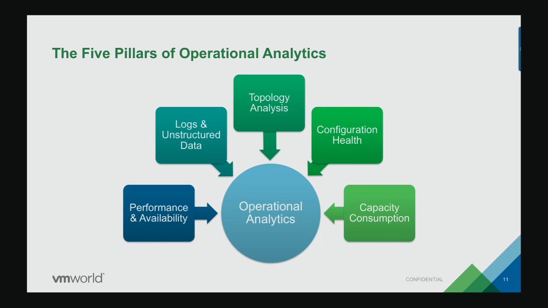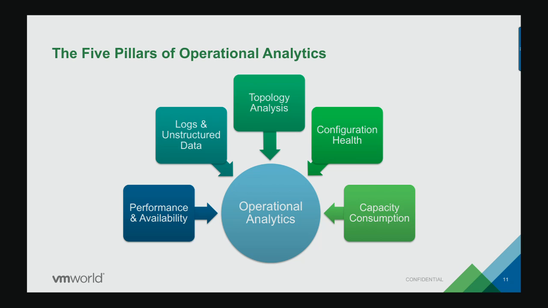Now, from a technology perspective, when you start thinking about operational analytics, there's kind of 5 areas you need to focus on, right? You have to start with the core health and performance of your infrastructure. Then you have to think about how you're using your capacity in the best way possible. Is it the best, most efficient use of your capacity? You have to think about configuration health and making sure that you are compliant with things and you don't have configuration drift, for example, in your environment.